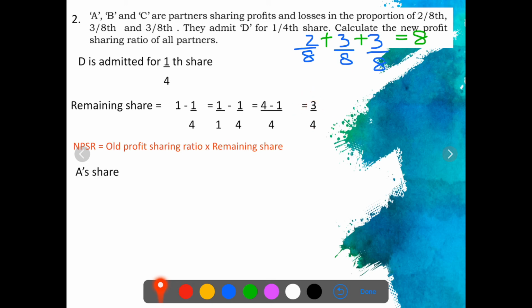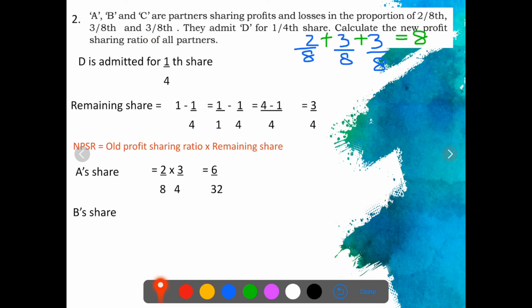Let's start from A. A's share is old profit sharing ratio 2 by 8 into remaining share 3 by 4. 2 3s are 6, 8 4s are 32. 6 by 32. B and C, if you observe, both of their shares are the same, 3 by 8 and 3 by 8.